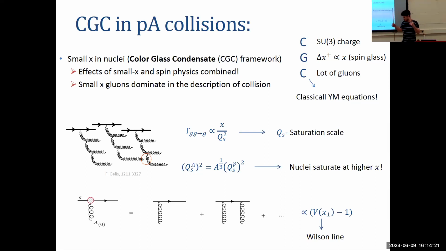That means that at some point those gluons need to start to recombine. There is a vertex of two gluons into one gluon, and when this process becomes important is defined when the decay width of two gluons to a gluon becomes of order 1. It's known that the decay width is proportional to x over Q squared, and the Q at which this becomes of order 1 is called the saturation scale.